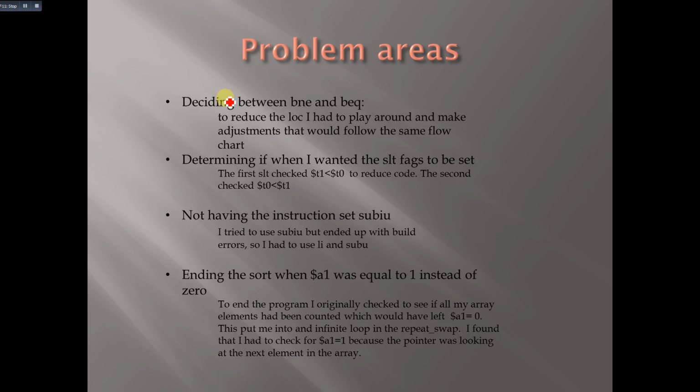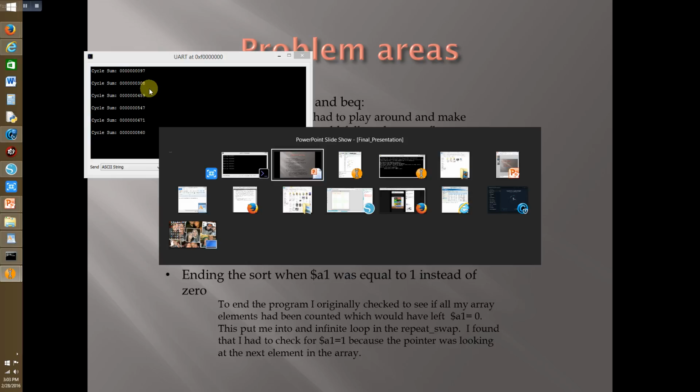The problems that I had with writing this code was deciding whether to use branch not equal or branch equal. This was because I wanted to reduce the lines of code. I was trying to determine if I wanted to fall through to a routine, or jump to a subroutine.